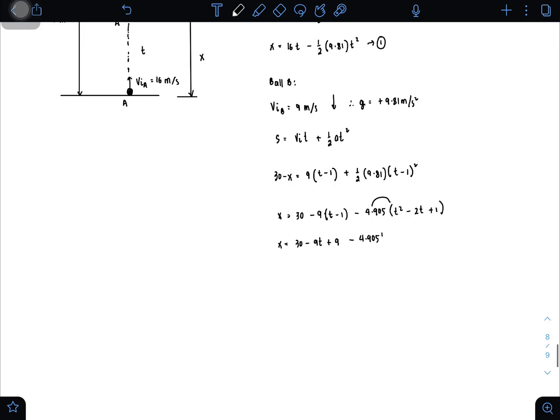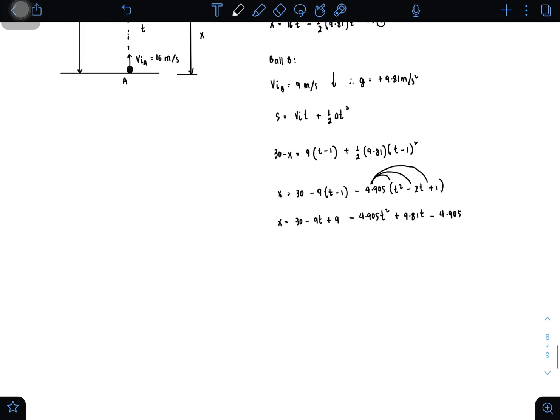Distribute that, it's going to become time squared, and then distribute again. This will become positive 9.81 times time, and you distribute for the last term, that would be negative 4.905. And then we're going to collect like terms, constant and with coefficient.